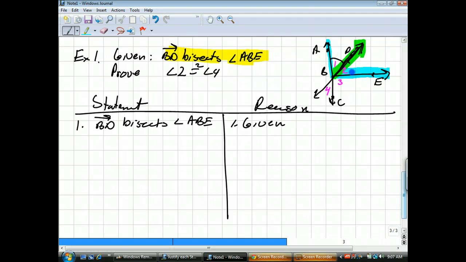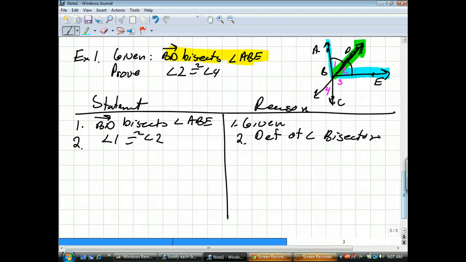So I know angle 1 and angle 2 are equal to each other. So I can say angle 1 is congruent to angle 2, and that's by definition of angle bisector. Okay, that's how I was able to conclude that.